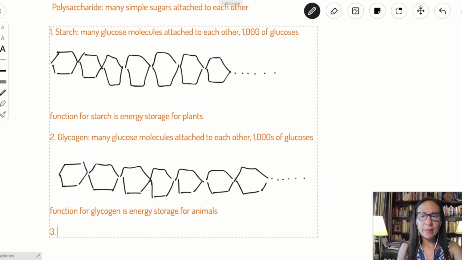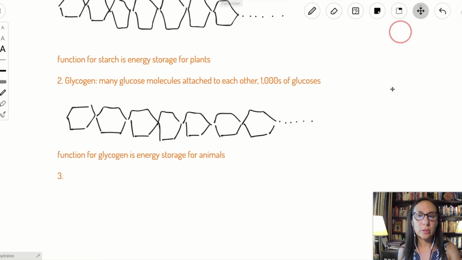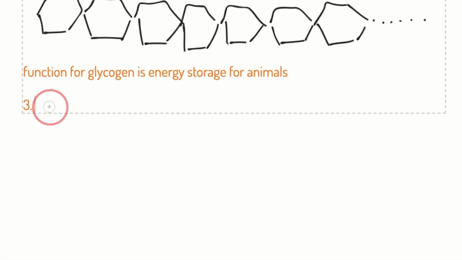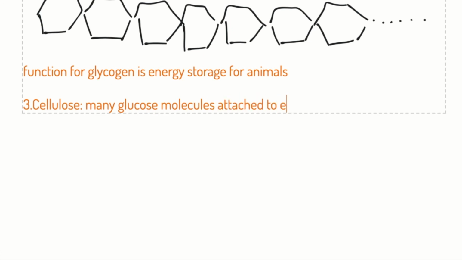Okay, and then the last example that I have for you is called cellulose. Cellulose is another polysaccharide. And cellulose is again many glucose molecules attached to each other in a long string. So many glucose molecules attached to each other, thousands of glucoses.